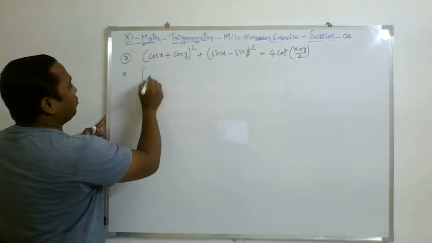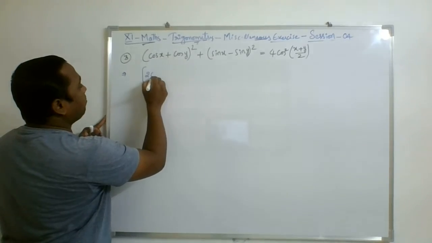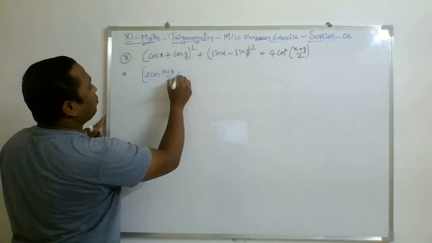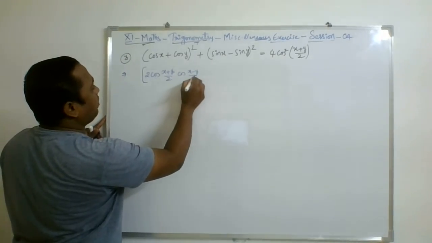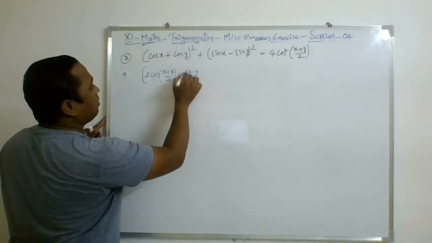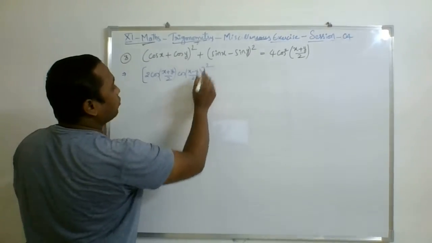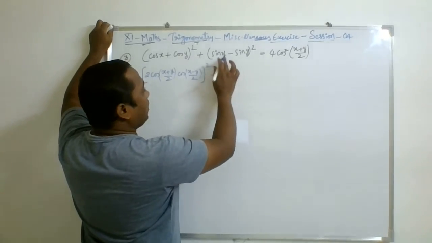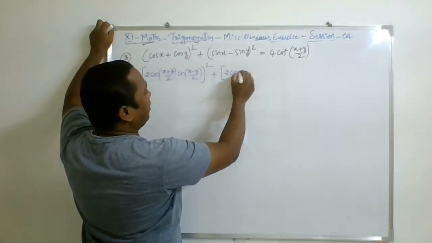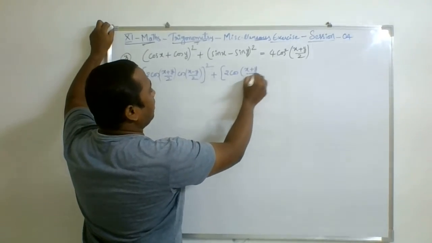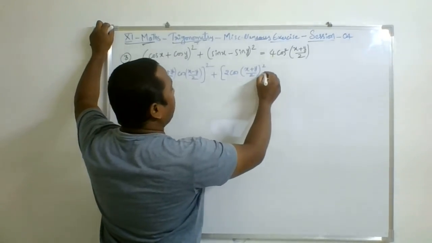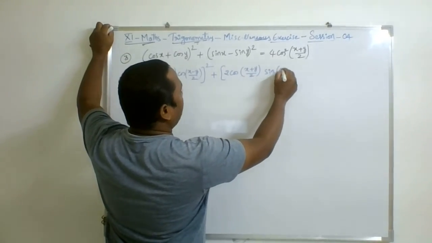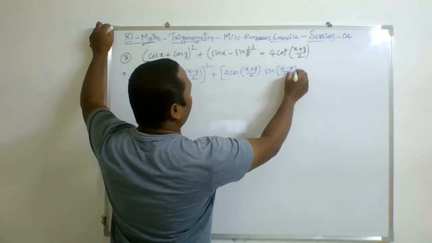It becomes 2 cos of (x + y) by 2 into cos of (x - y) by 2, keeping these angles in a bracket, whole square, plus 2 cos of (x + y) by 2 into sin of (x - y) by 2, whole square.